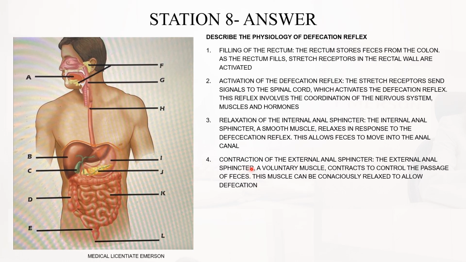Okay, then the fourth step is contraction of the external anal sphincter. So the external anal sphincter, which is a voluntary muscle, contracts to control the passage of feces. Then this muscle can be consciously relaxed to allow defecation.